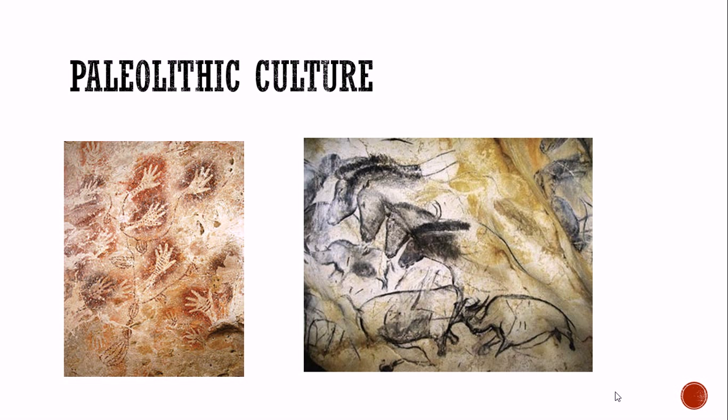So their religion and their culture was really focused around understanding nature and trying to, I guess, manipulate nature perhaps to have better hunting and focus on fertility and food. So that's really what these people were up to, and that way of life lasted for a really, really long time.